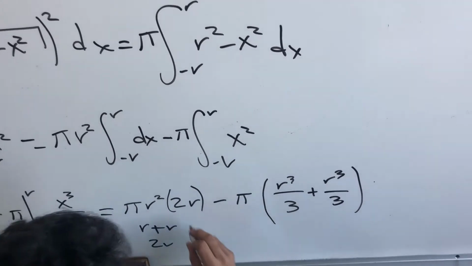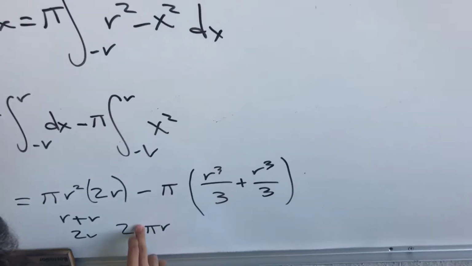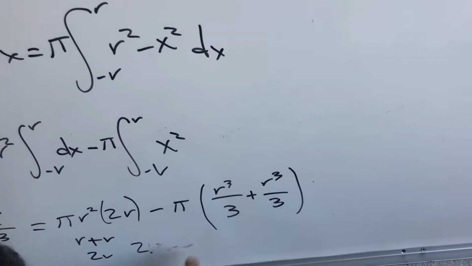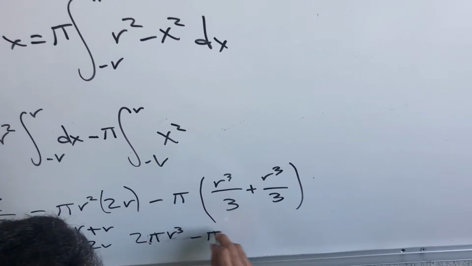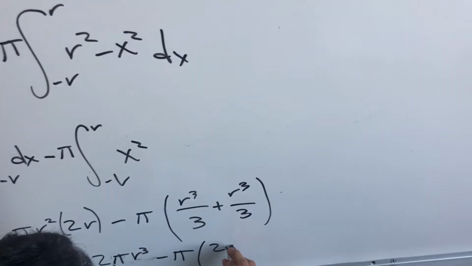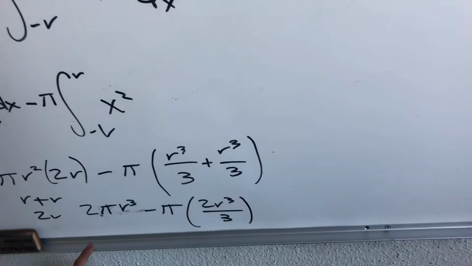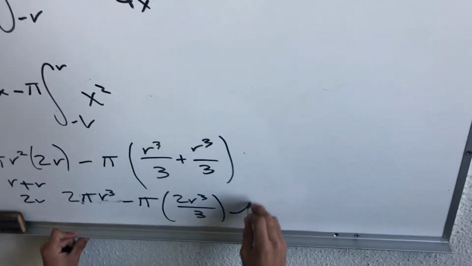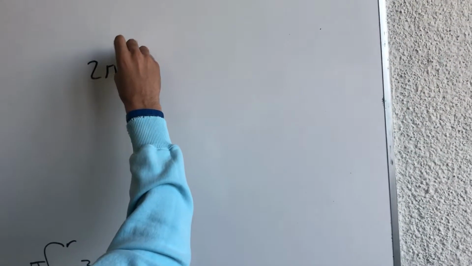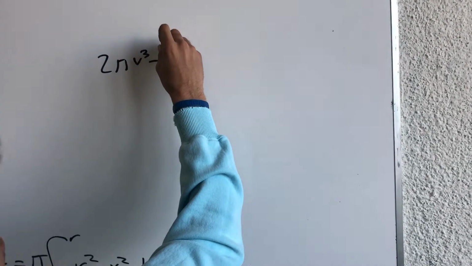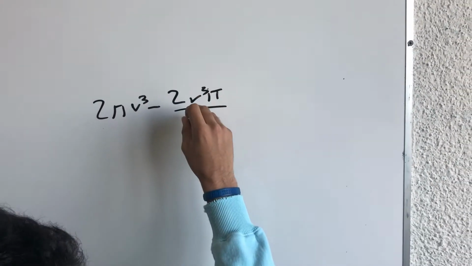So now we multiply this one, just like this. Alright, so finally we get, I'm gonna put it over here, 2 pi r cubed times 2r.